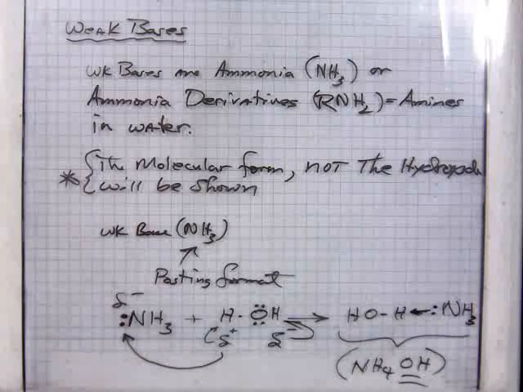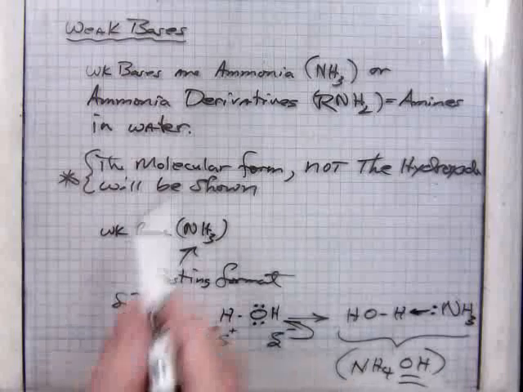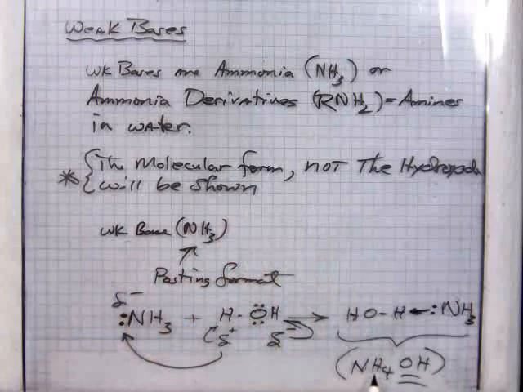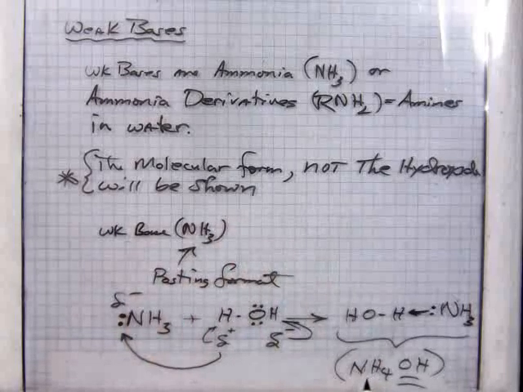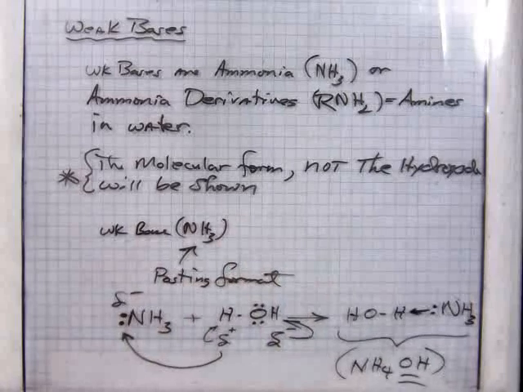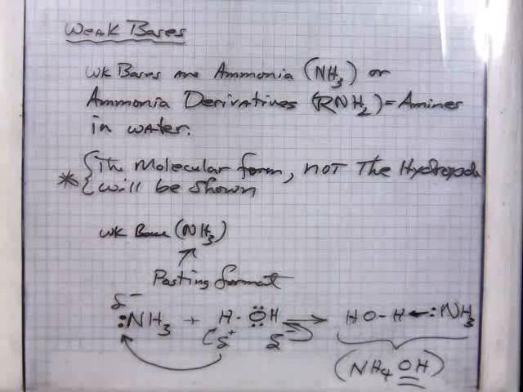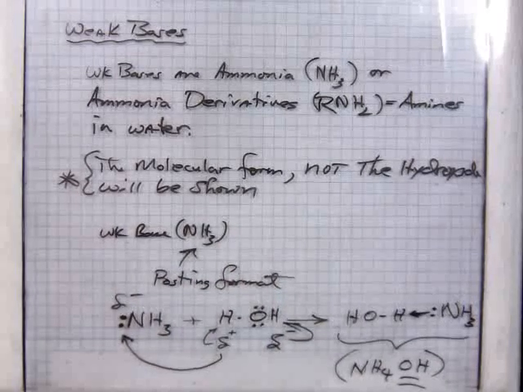And the only difference between this and the ammonia derivative is one of the hydrogens has been removed and you put a substituent R group on there, whatever it is. But it's still a derivative.